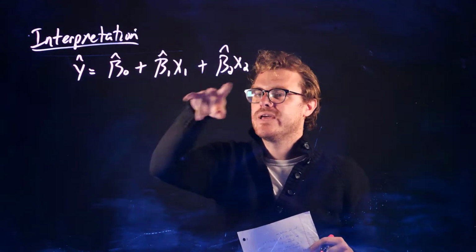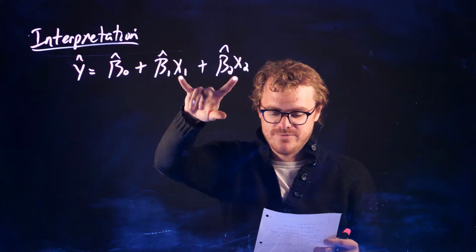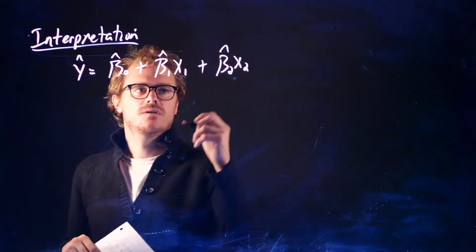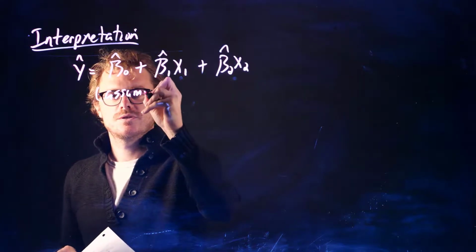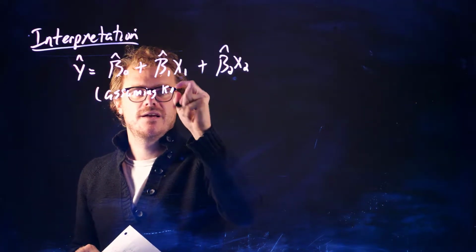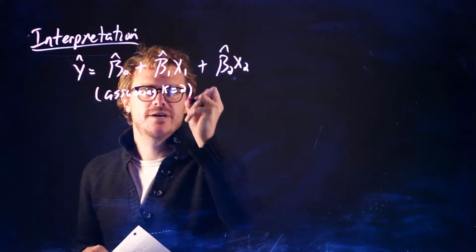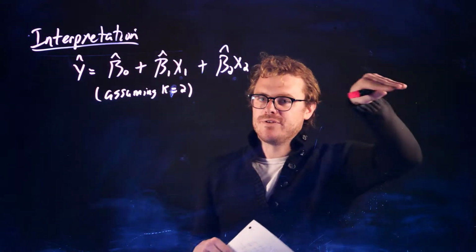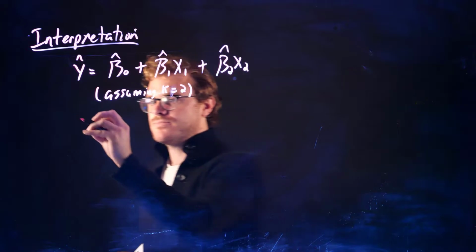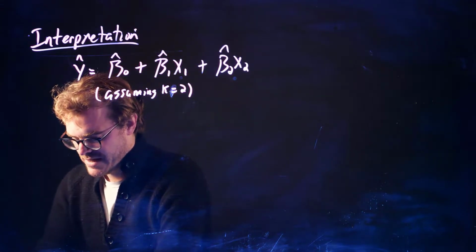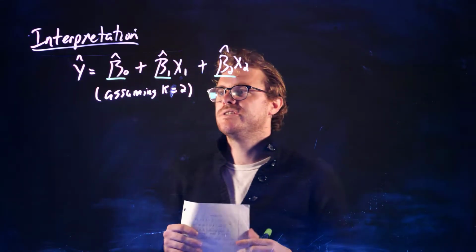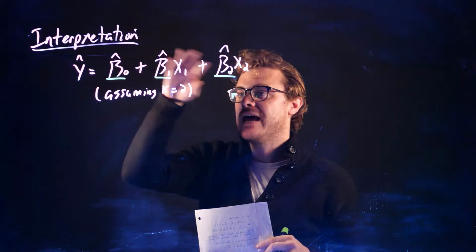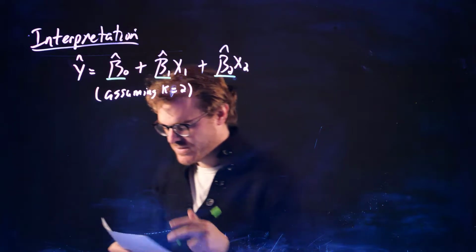But let's just assume that we have just two x's right now, so assuming k equals 2, just so we don't have to write a whole bunch of things. So let's start interpreting beta 0, beta 1, and beta 2, all of them hats, the actually estimated amounts.